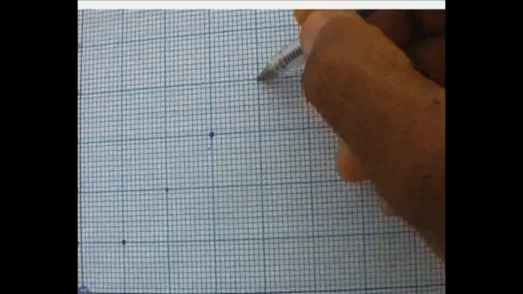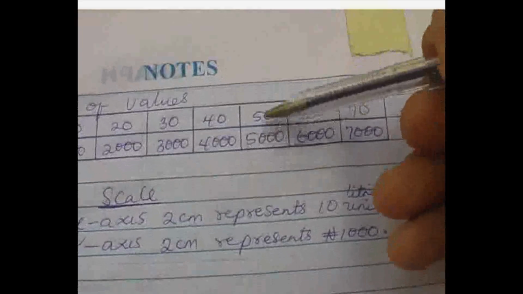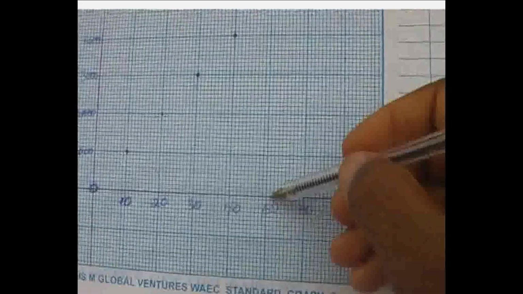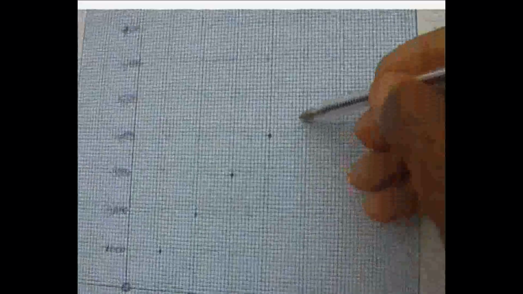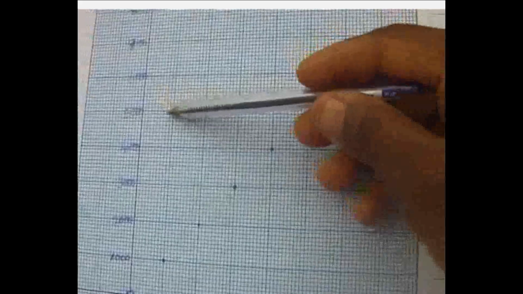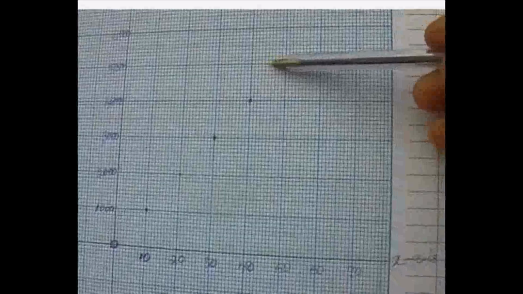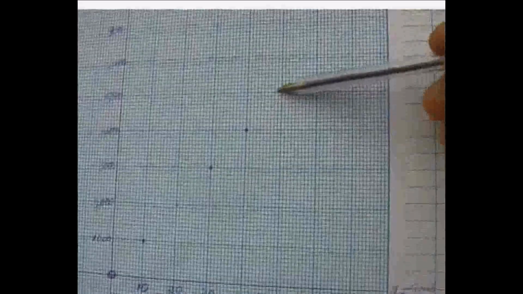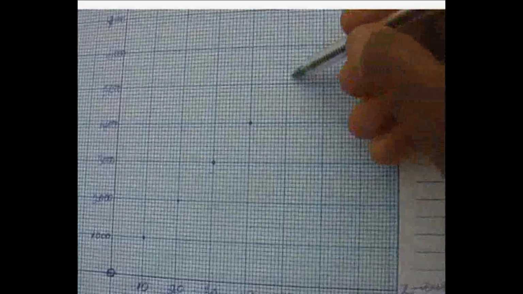So I'm going to put your point in this place. The next is 5,000 can buy 50 liters. Go to where you have 50 liters. Trace it up to where you have 5,000. So where the two lines meet, the line of 5,000 and the line of 50 liters, where they meet is here. So put your point there.